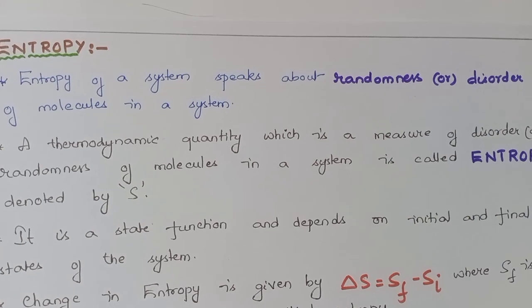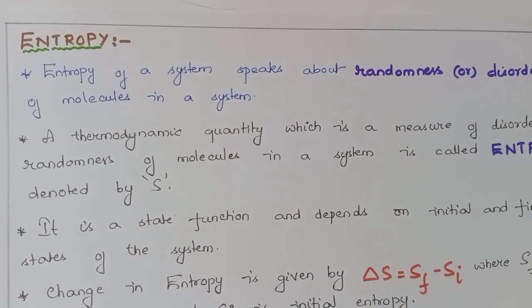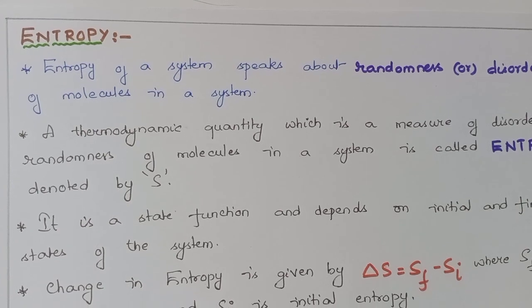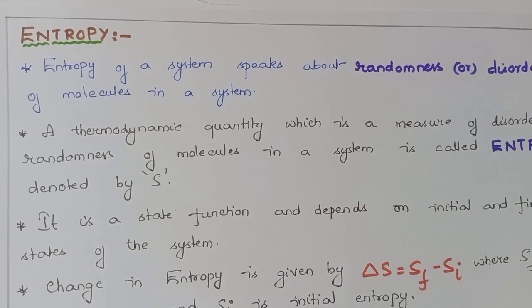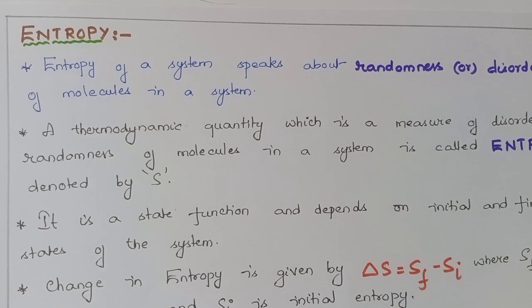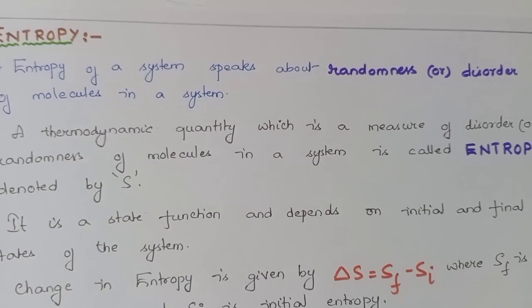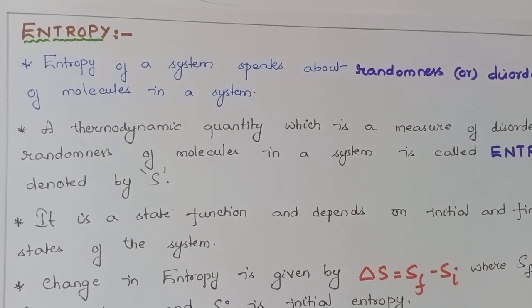It is not dependent on the path followed, how the initial state is converted into the final state. So it is not path dependent. That's why we call it a state function, and here entropy comes under state function. Okay, next point you can write down: it's a state function as it depends on initial and final states of the system.